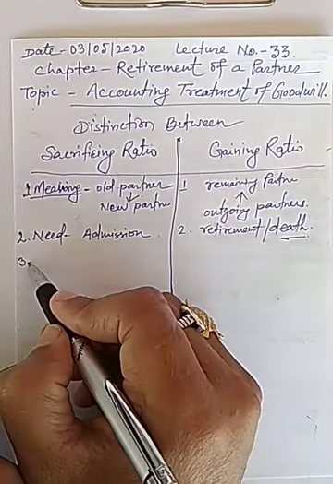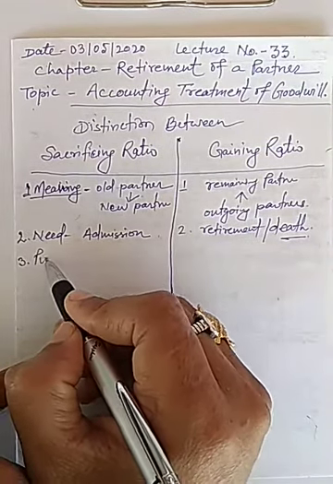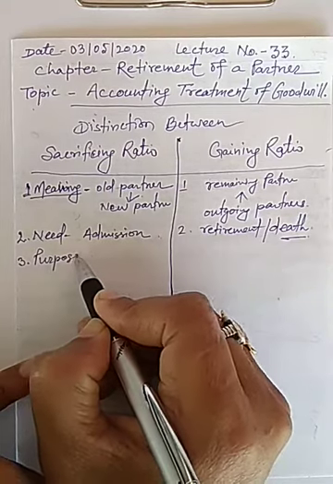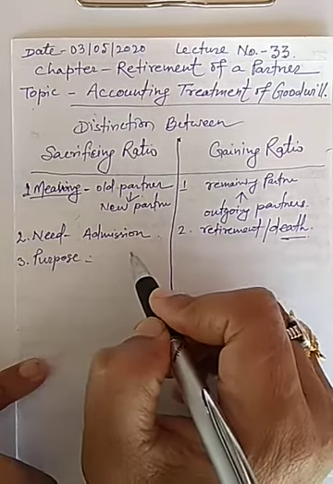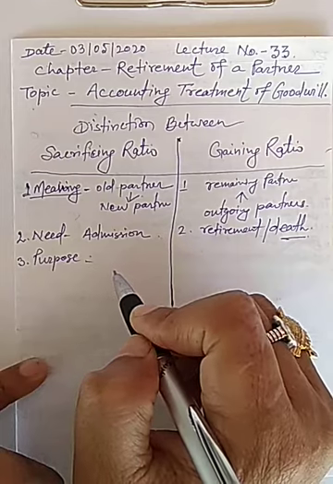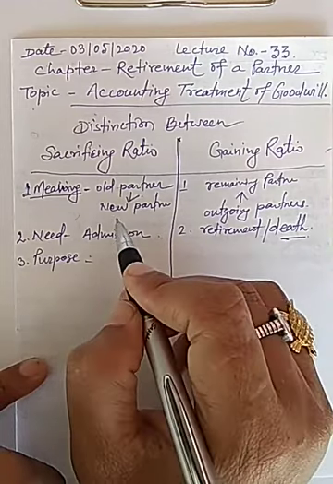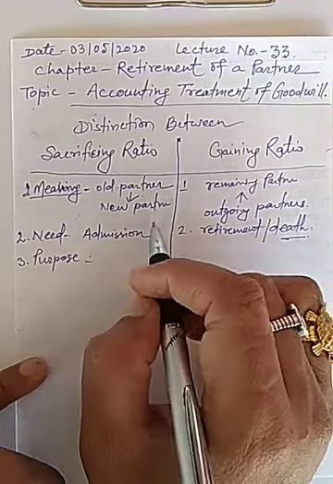Third point may be purpose. What is the purpose to compute gaining ratio and sacrificing ratio?